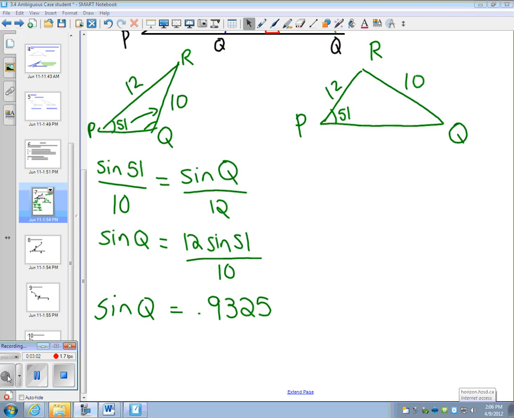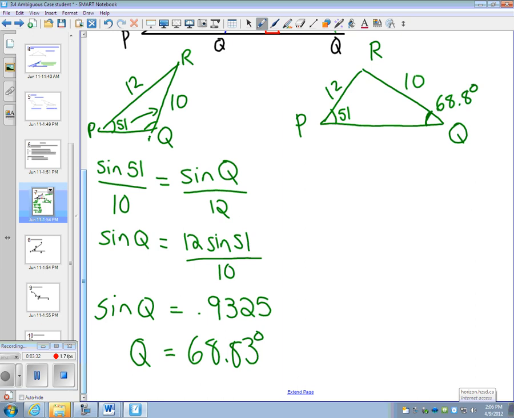Now using my calculator and inverse sining both sides, I get Q is equal to 68.83 degrees. So on my calculator, I'm saying that this is 68.83. Does that make sense? No, that is obviously an obtuse angle. So in this case, I know that my 68 degrees is really talking about this angle right here.